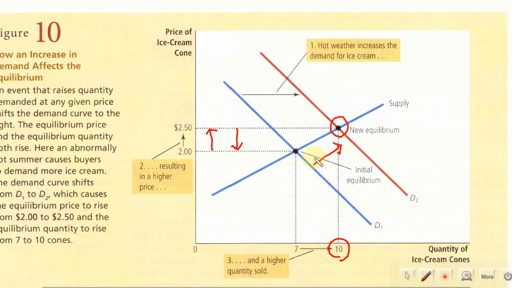But in this case of a shifting demand, even when the price goes up, demand increases. Okay, demand increases because this shift is caused by an unseen, unshown variable, which is not specified in this graph.